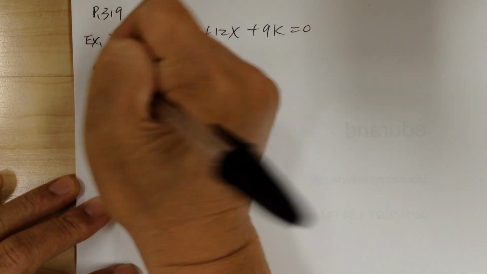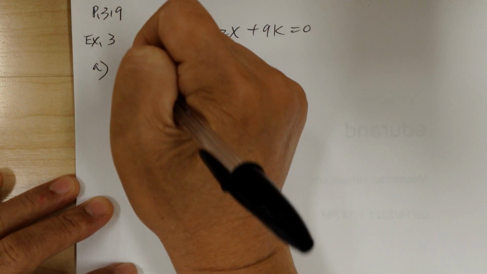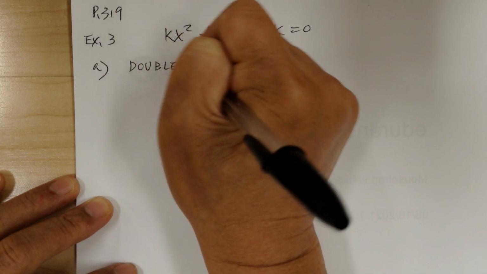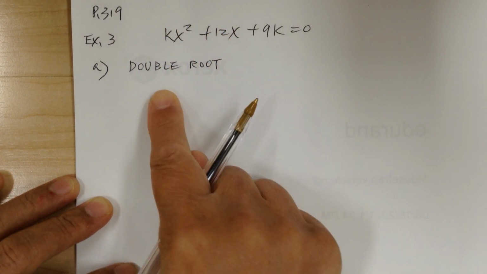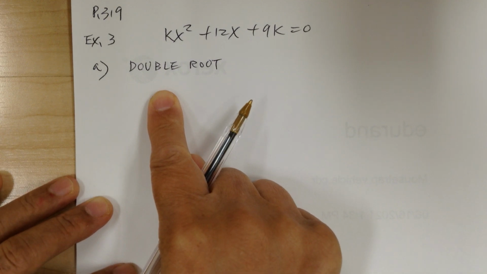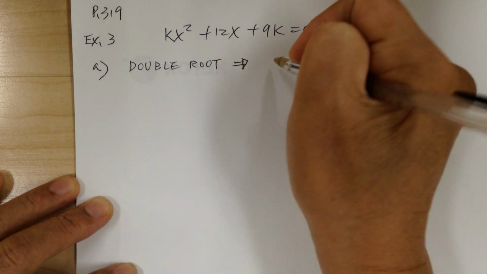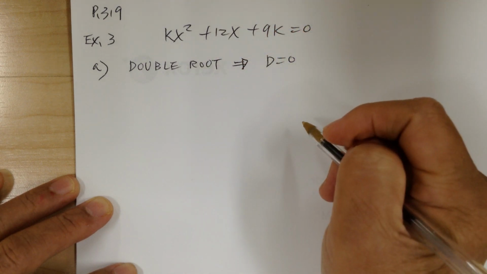So part A, you're looking for a double root. In order to get a double root, you need d equal to 0. So double root means d equal to 0.